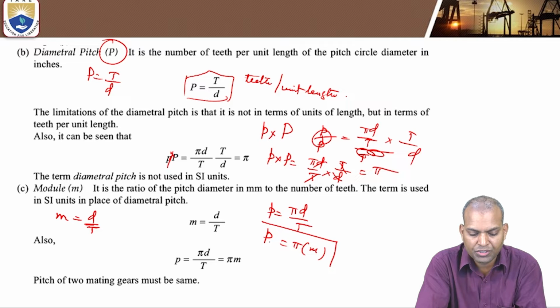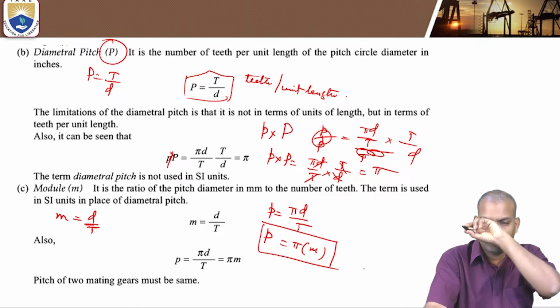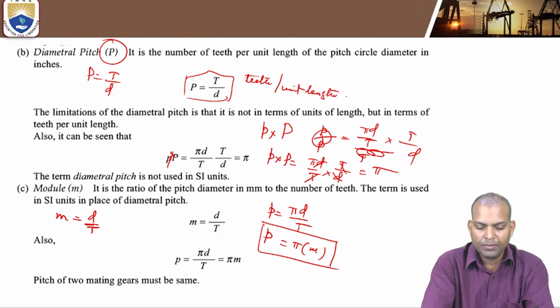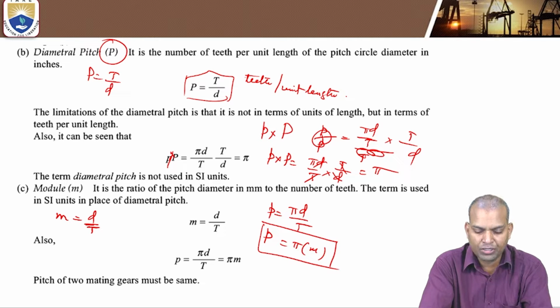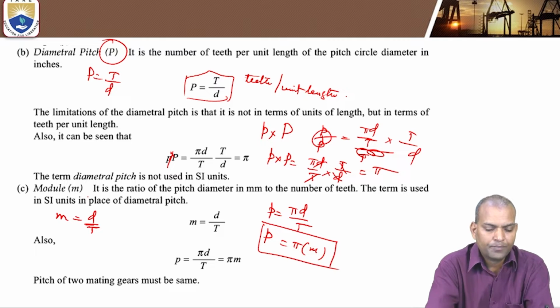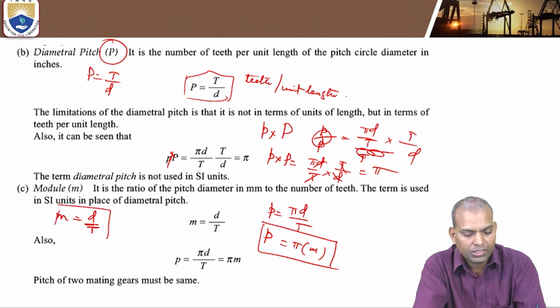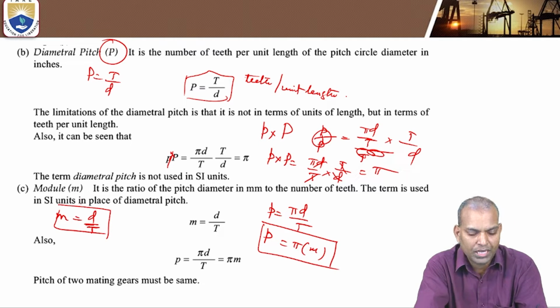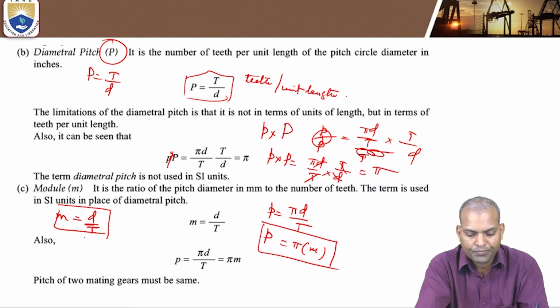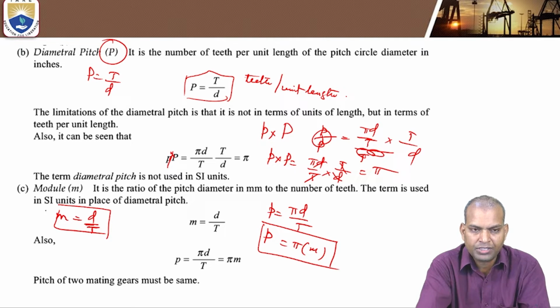So circular pitch equal to pi times module. M is the ratio of the pitch diameter in millimeters to the number of teeth. So this is the term in SI units.